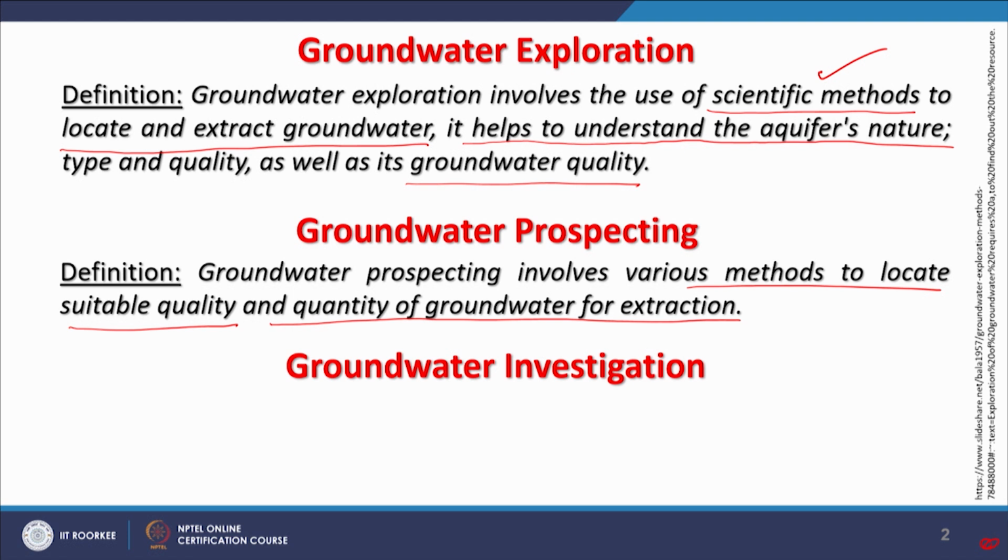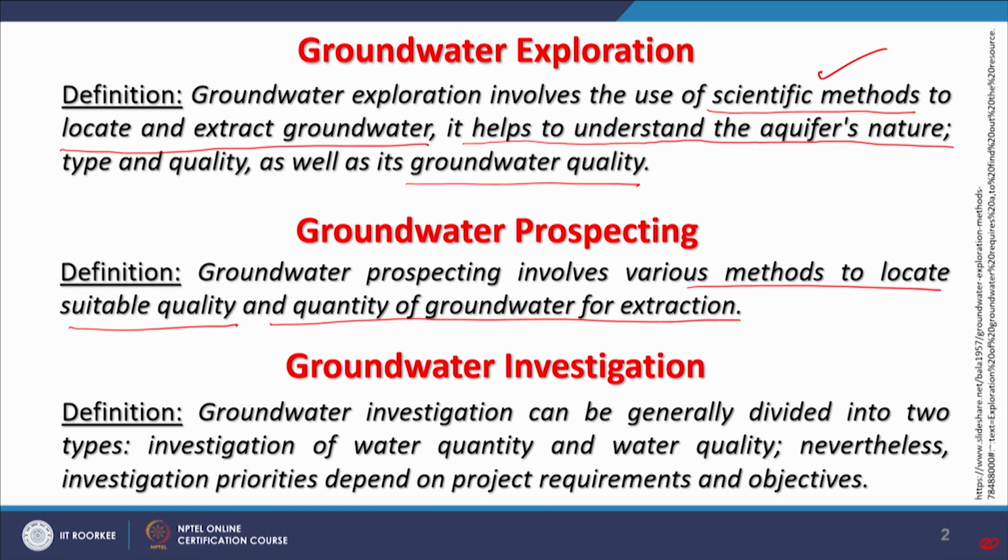Another term is groundwater investigation. So, we have three terms: groundwater exploration, which is overall everything; groundwater prospecting, which focuses more on the methods to locate and on quality and quantity; and groundwater investigation, which can generally be divided into two types.